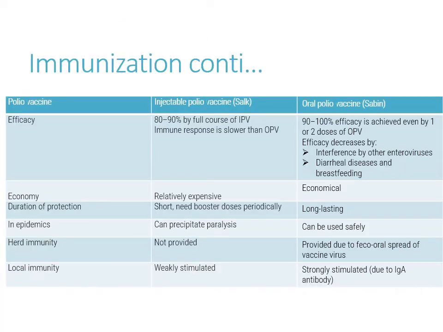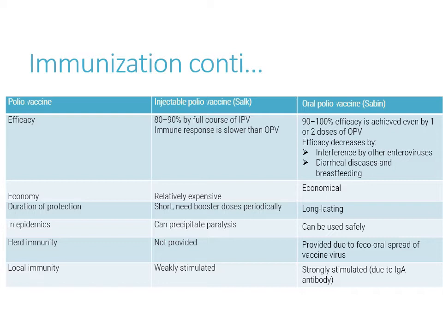Then efficacy-wise, the injectable polio vaccine has 80 to 90% efficacy. Oral polio vaccine has much higher efficacy, 90 to 100%, even with 1 or 2 doses. But its efficacy decreases because there are other enteroviruses also, so there can be interference.